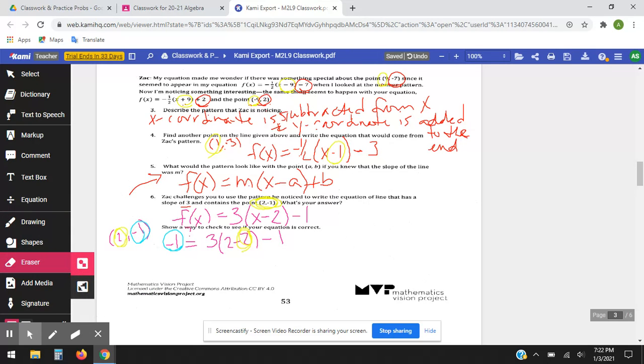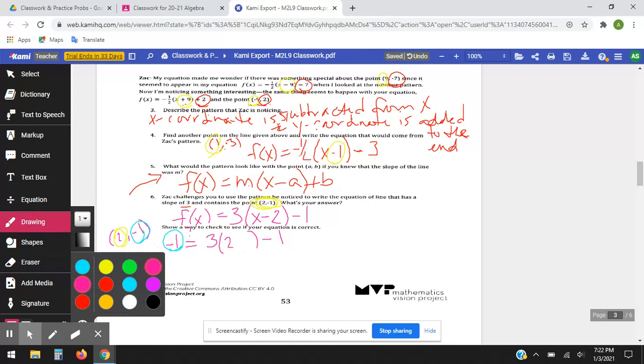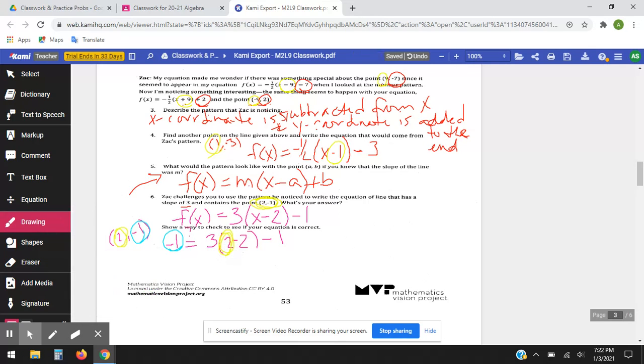So I'm filling in my y value. My slope is in there. That's what's throwing me off. So my x, instead of an x, I'm putting a 2. My y value, instead of an f of x or a y, I'm putting my negative 1. There we go. All right.